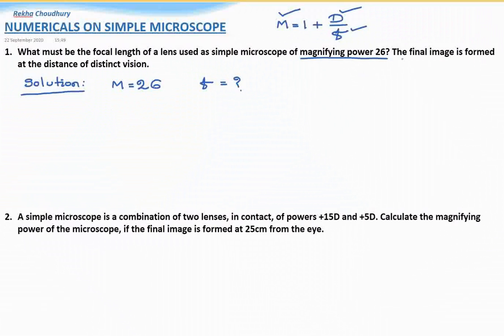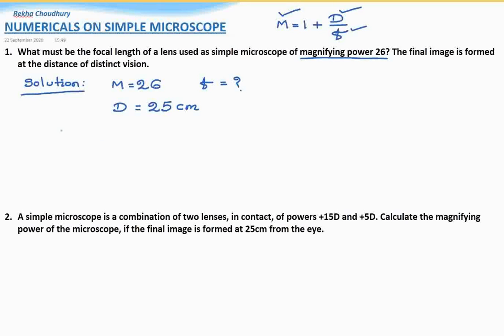We know that as the final image is formed at distance of distinct vision, so here d is equal to, we already know that d is the distance of distinct vision and its value is 25 centimeter.